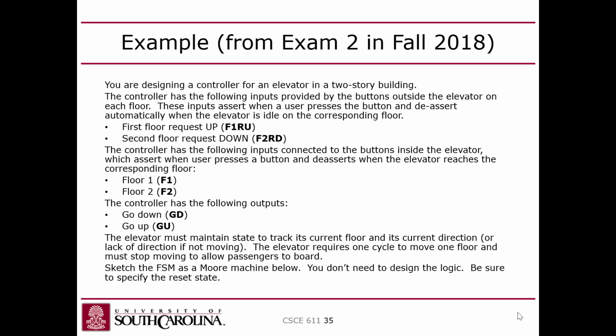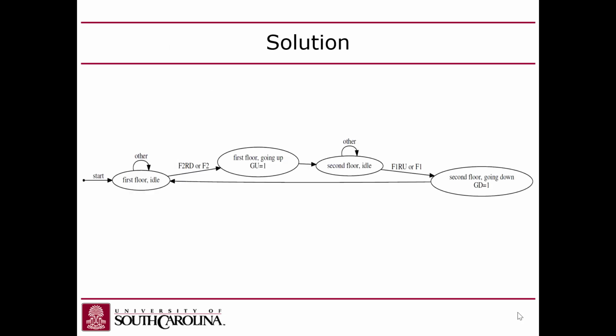This was a controller for an elevator, and I added the solution on here. So this also had 4 states because there were 2 floors, so you could either be idle at one of the 2 floors or the elevator could be in the process of changing to the other floor. So it lent itself to having these 4 states.